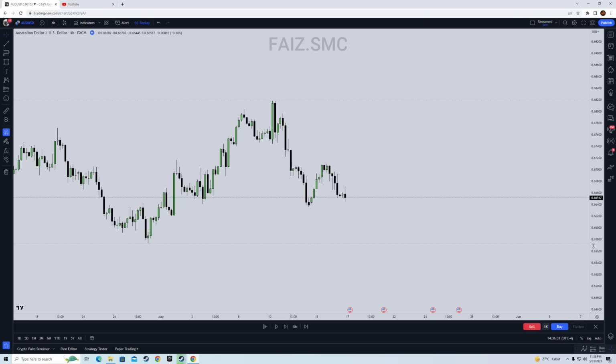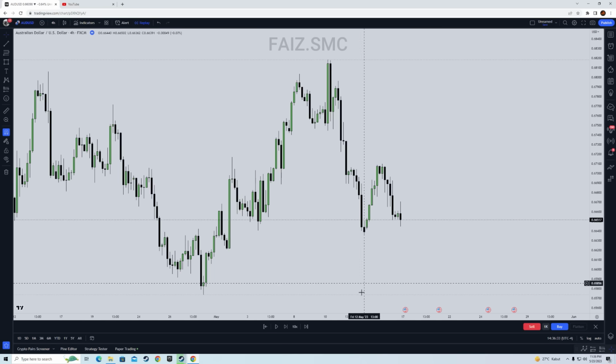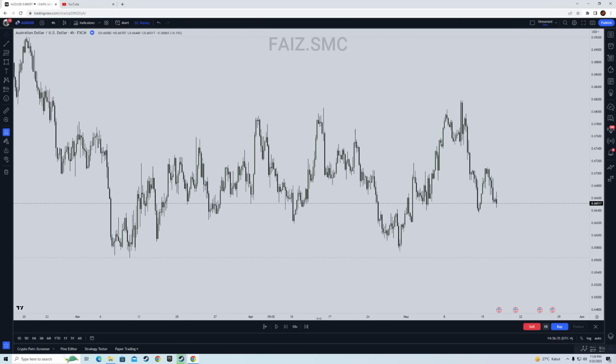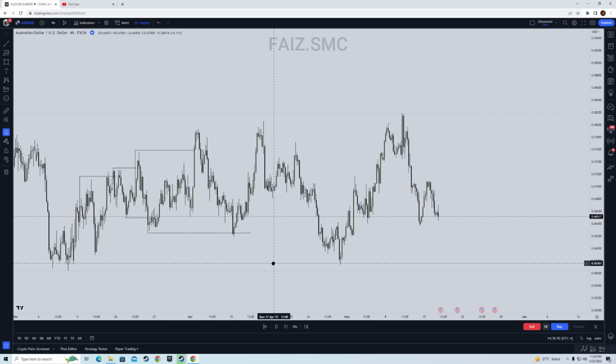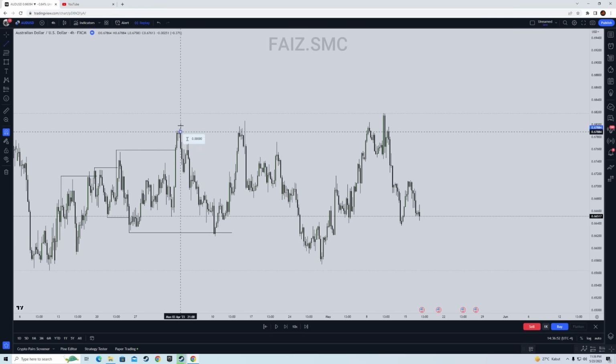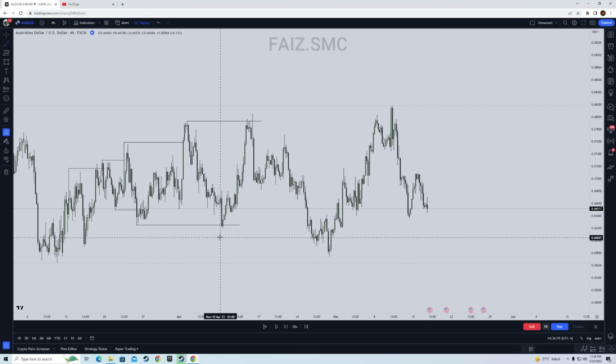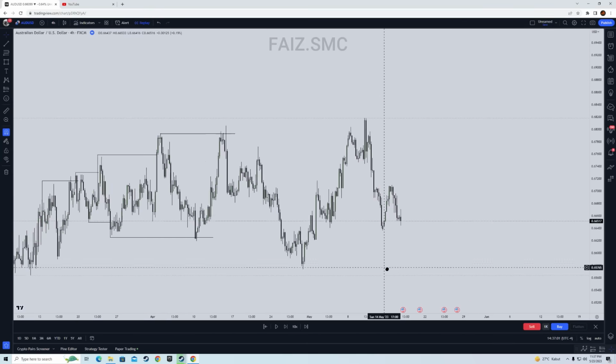You can see we have been making higher highs here, but then we have a turtle soup here, then another break of structure, then a turtle soup just right here, then a break of structure on a smaller time frame. This could have been a candle closure above that level, and then we have another turtle soup here.